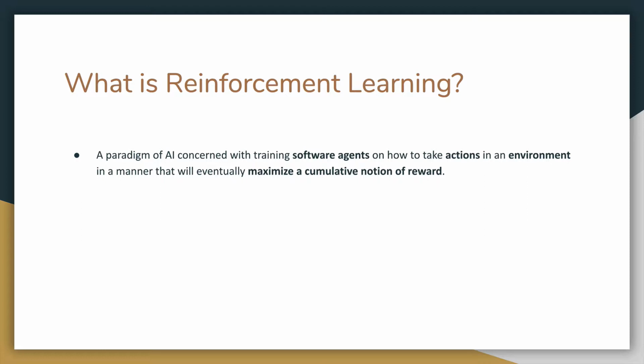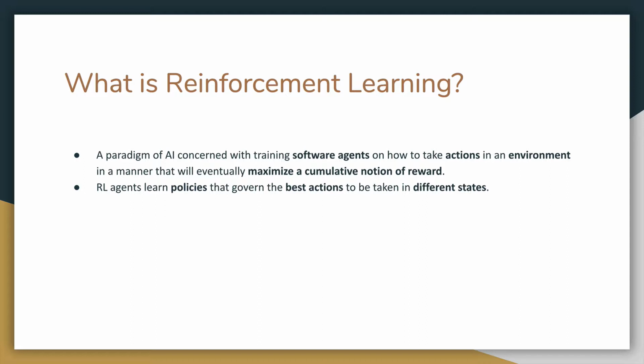For the start, this might sound quite high level, but as we go along in the episode, I'm going to show you practical examples, and when we begin to write code to implement some of these algorithms, it will become clear how you distinguish between the environment, the agent, actions, and the reward. But the basic idea is you are training a software agent on how to take actions in an environment in a manner that will eventually maximize a cumulative notion of reward.